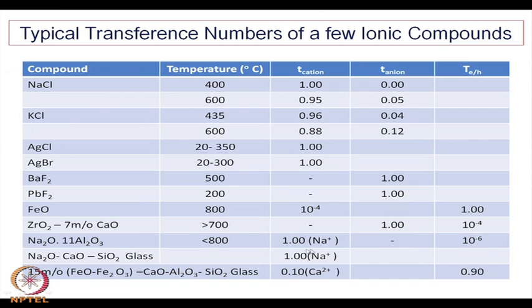Once again you have very low electronic or hole conductivity. Almost everything is because of the sodium ion conductivity, because there are two different cations. Aluminum is not the conductor.